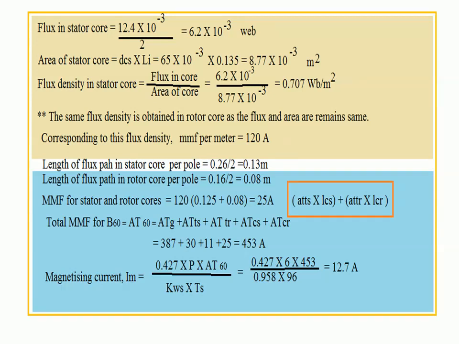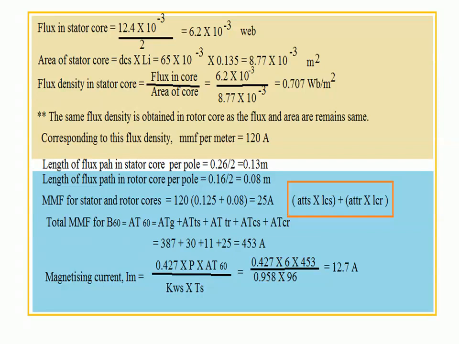Flux in stator core, we are going to get around 6.2 times 10 to the power of minus 3 Weber. Area of stator core is depth of stator core times Li. Flux density in stator core is flux per area, you are going to get 0.7 Weber per meter square. The same flux density is obtained in rotor core because flux and area remain the same.